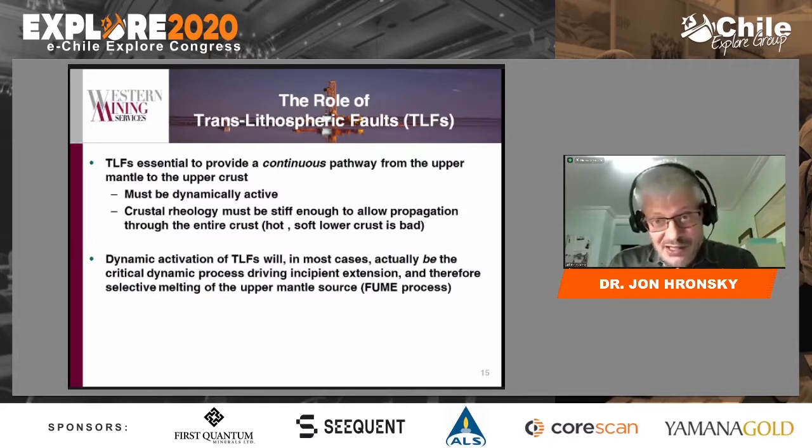And by driving the extension, it's actually driving the selective melting of the upper mantle source. In other words, the FUME process. So in summary, these faults are both important conduits, but they're also important drivers of the extraction process of getting these alkalic magmas out of the mantle source.